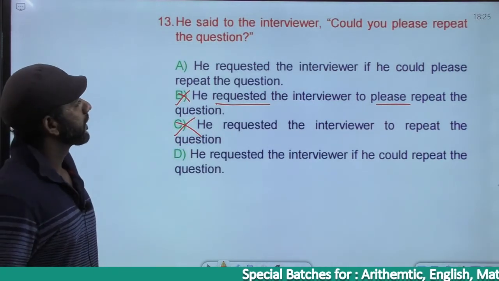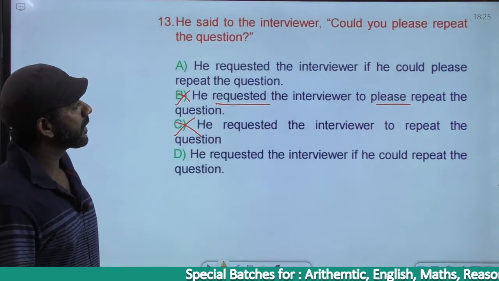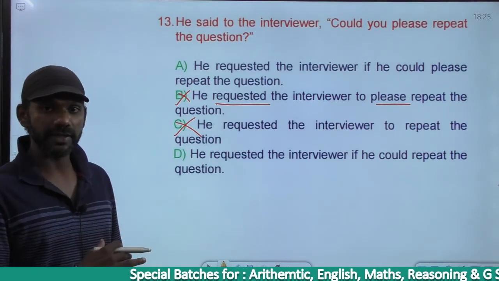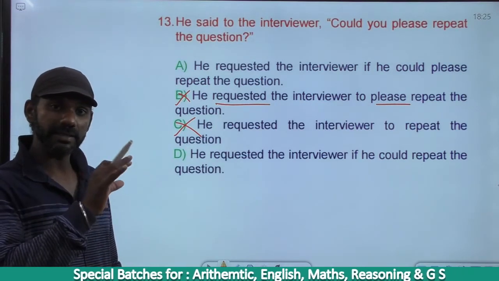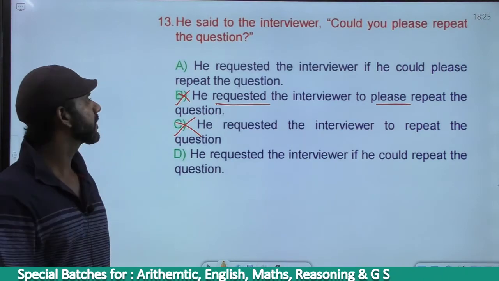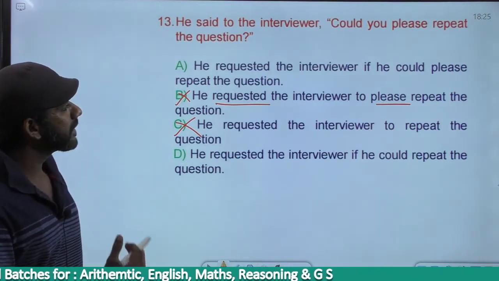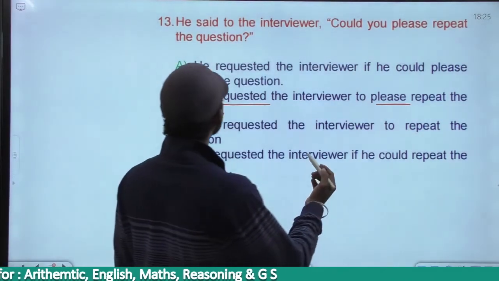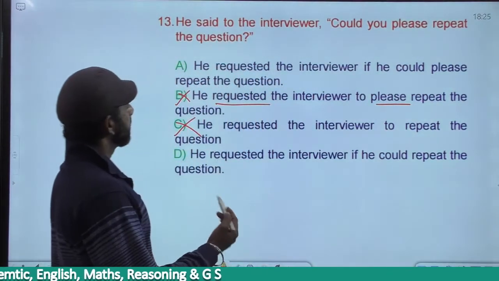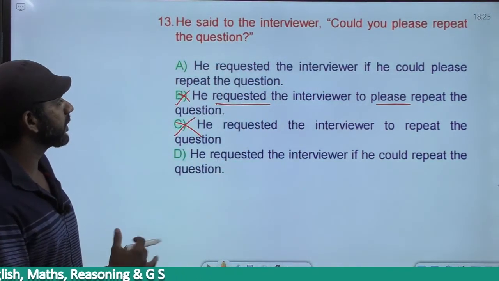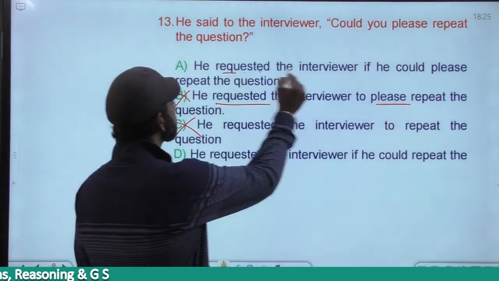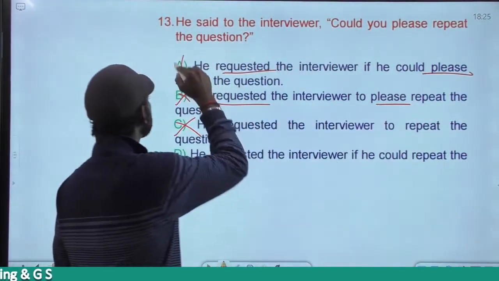Come to option A. He requested the interviewer if he could please repeat the question. Request is fine here because it's a question plus a request. He requested the interviewer if he could please repeat the question becomes an error with redundancy, eliminated.